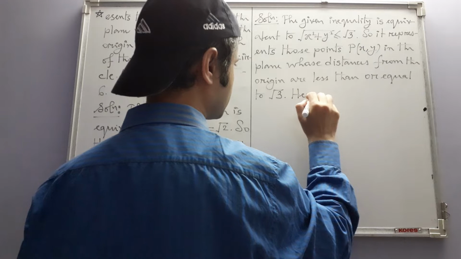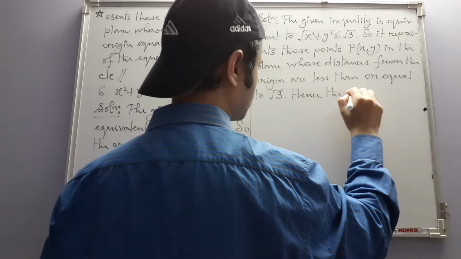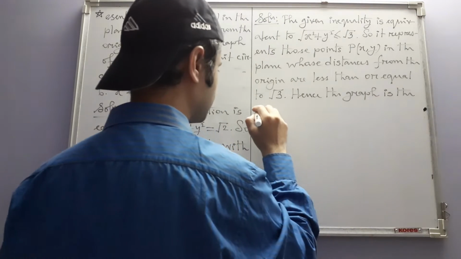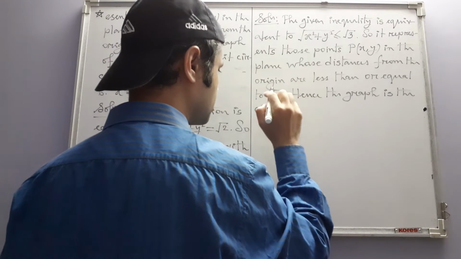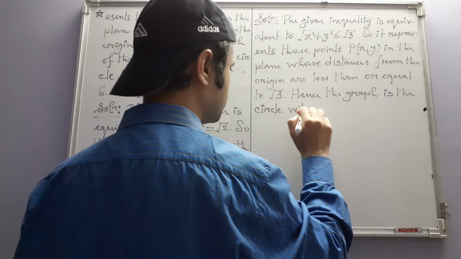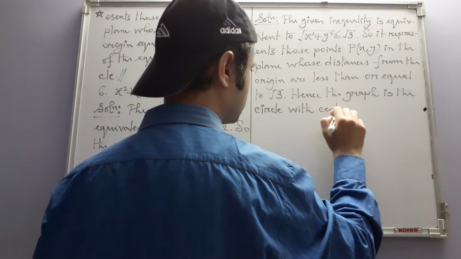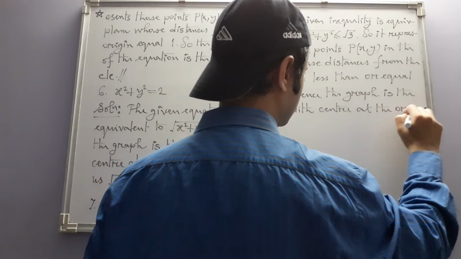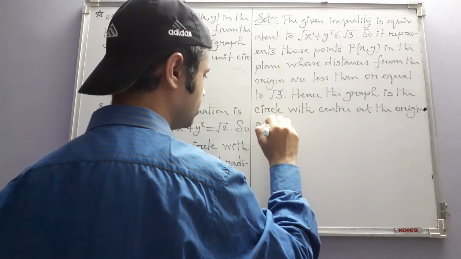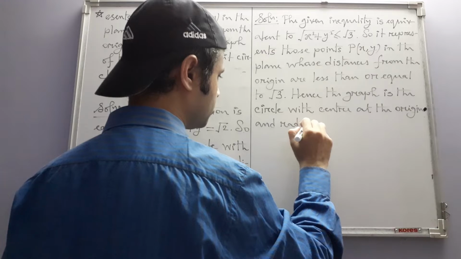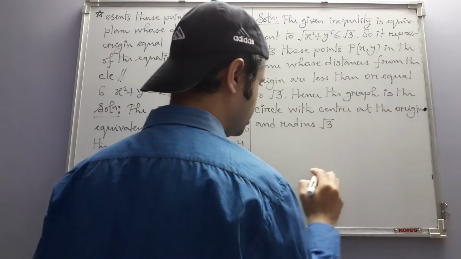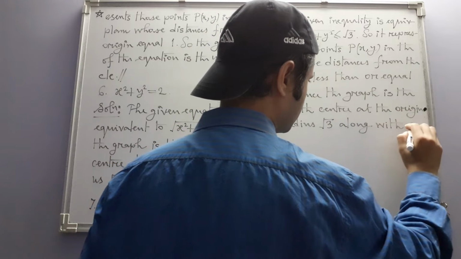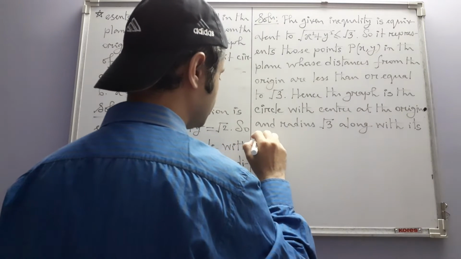Hence, the graph is the circle with center at the origin and radius square root of 3 along with its interior.